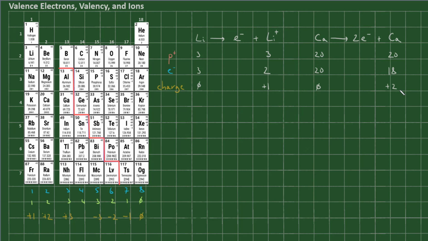How do I indicate that on the chemical symbol? Well, in the upper right corner, I will write 2 plus. I have started with a calcium atom that has lost 2 electrons, and I have ended up with a calcium cation. At this stage, you might be wondering what is happening with these free-floating electrons.